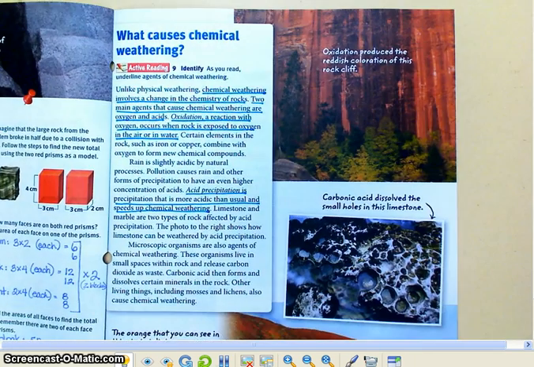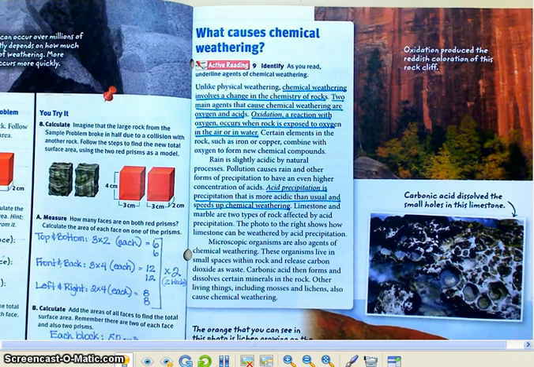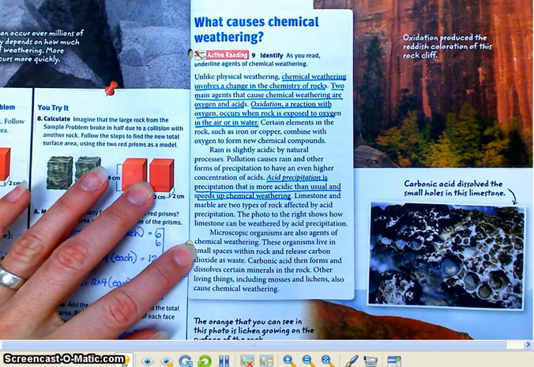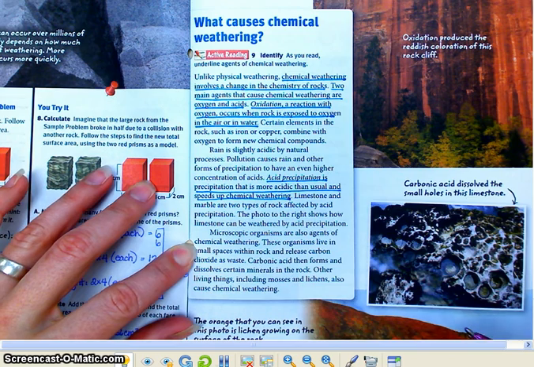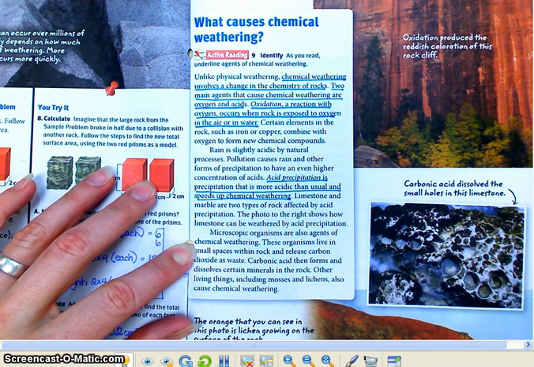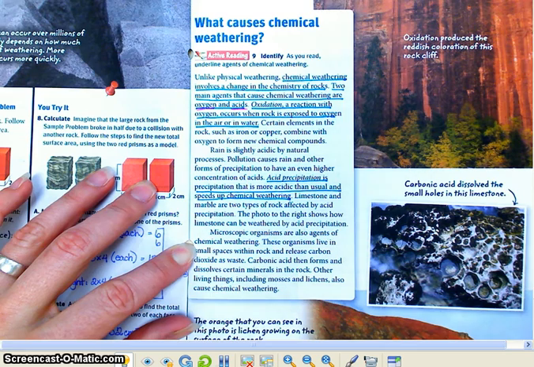Here we go. Now we're talking about chemical weathering. Remember that chemical weathering means that there are actually chemical reactions, chemical changes going on during the weathering process. Chemical weathering involves a change in the chemistry of the rocks. Two main agents that cause chemical weathering are oxygen and acids.